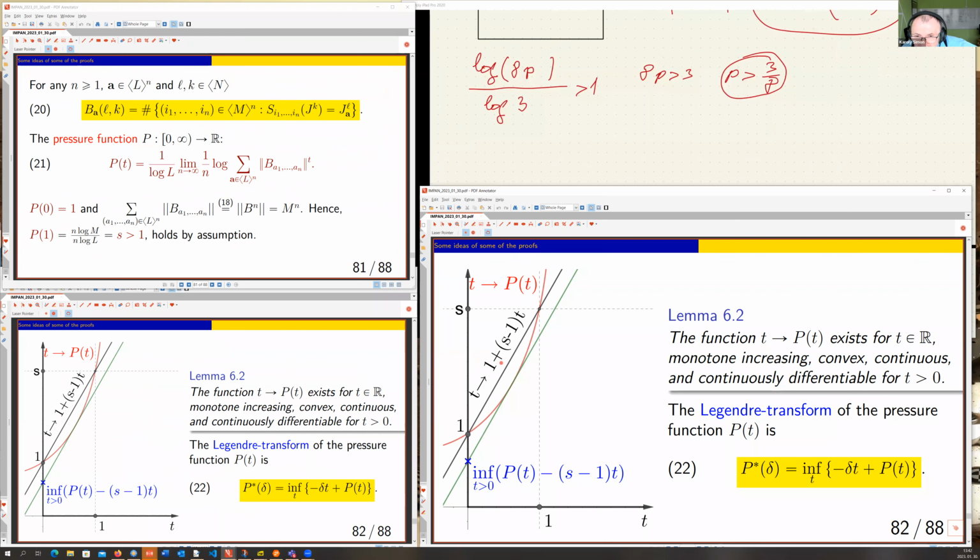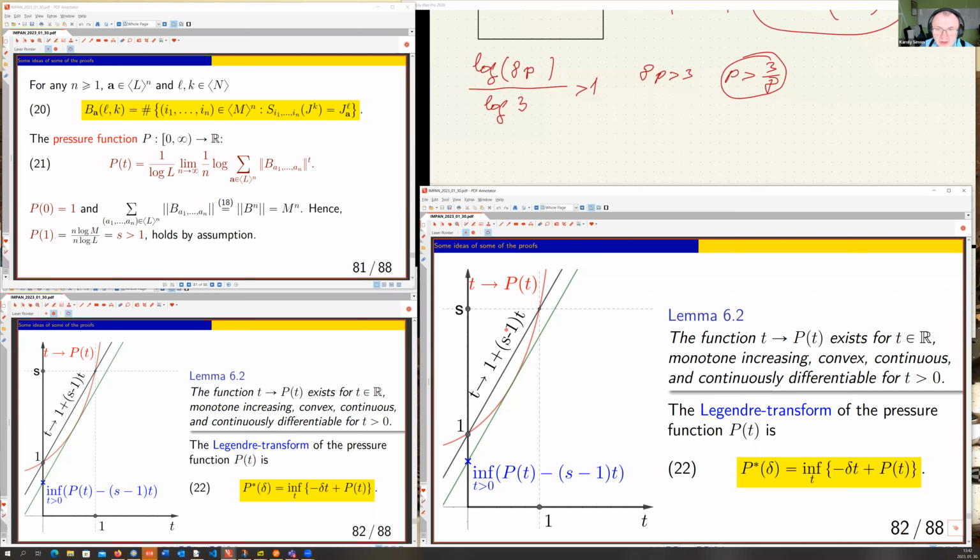So this black line has slope s minus 1. And the way I drew this curve says that the derivative of this curve at 1 is bigger than s minus 1. And indeed, it's very, very important.